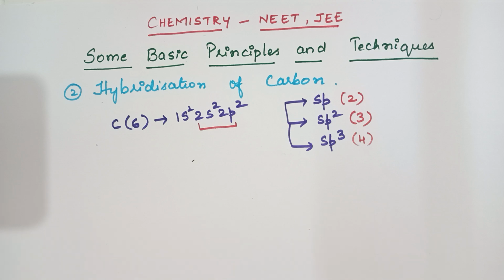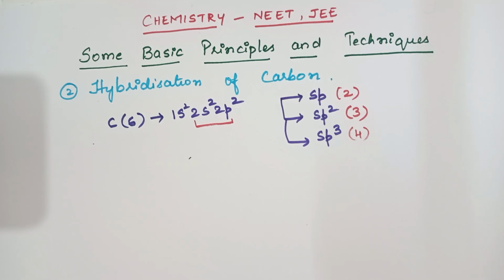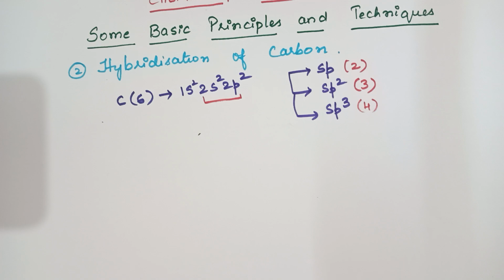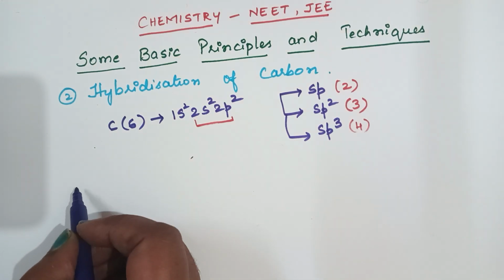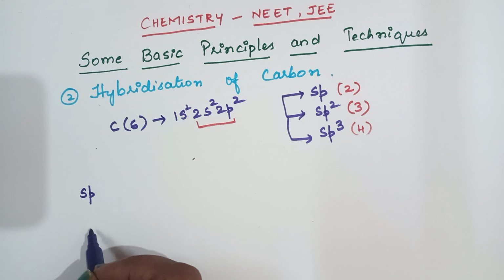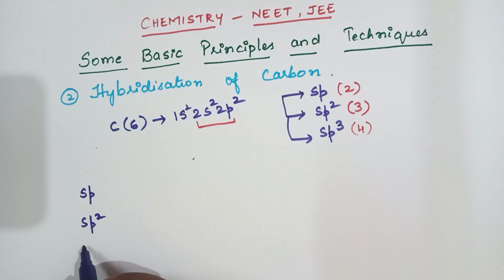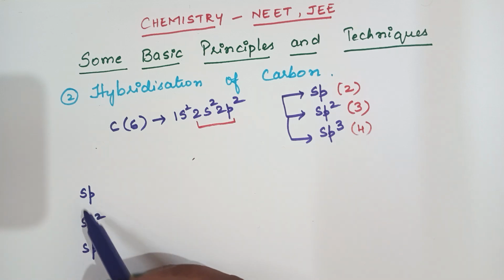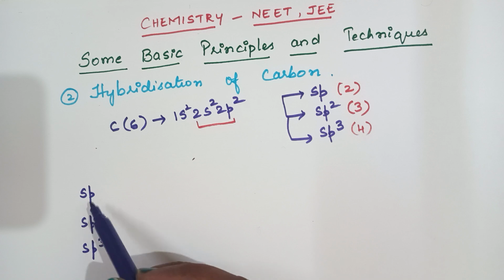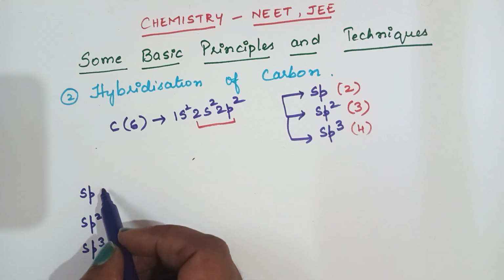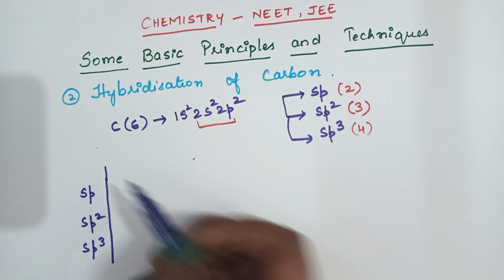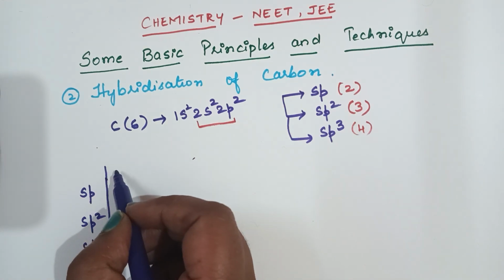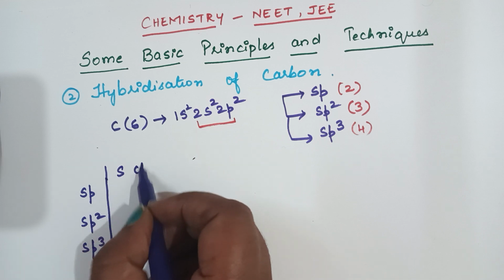Now let us draw an important table in which we will write some important concepts. I'll tell you what you have to write. First write sp hybridization, sp2 hybridization, sp3 hybridization. Students, if you know this, you can understand some important concepts. What are they? First, S character.